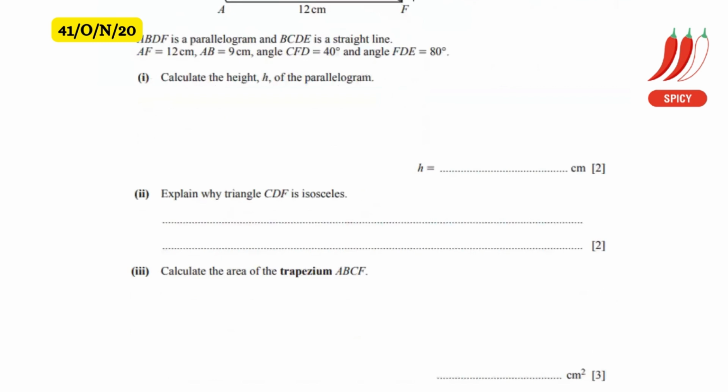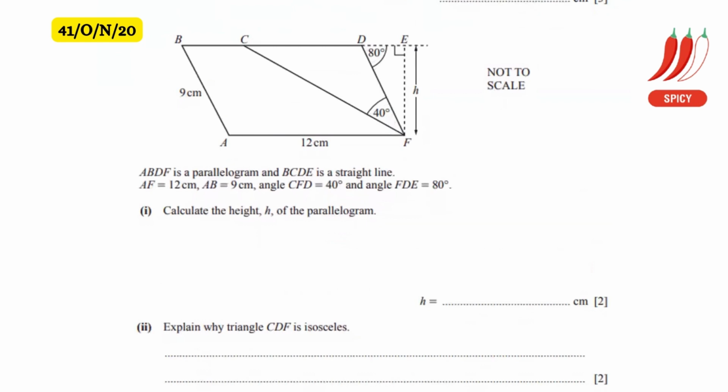Then it says explain why triangle CDF is isosceles. CDF. So we said that this was 9. We find this angle. So that's going to be 180 minus 80.